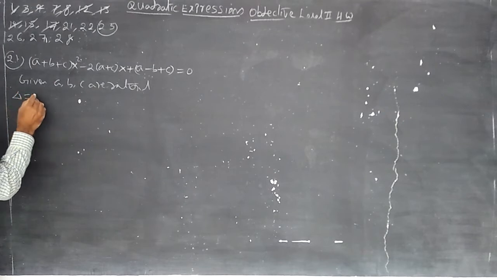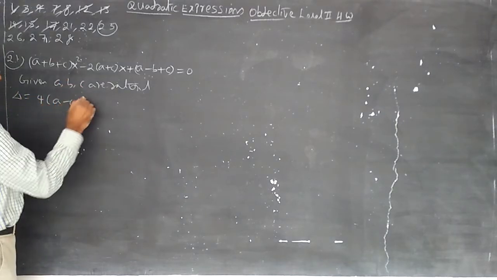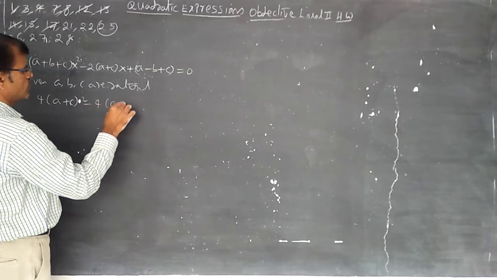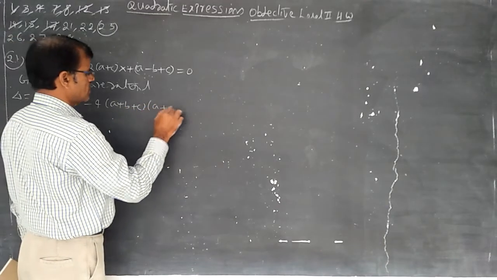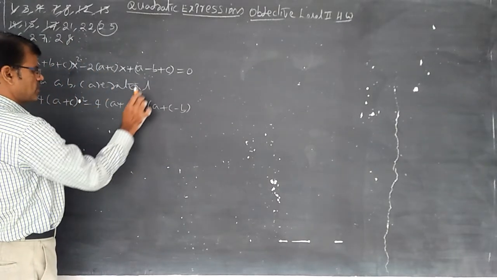So delta is b square minus 4ac, that is 4 into (a plus c) whole square minus 4 into (a plus b plus c) into (a plus c minus b). So better to write a plus c plus b.